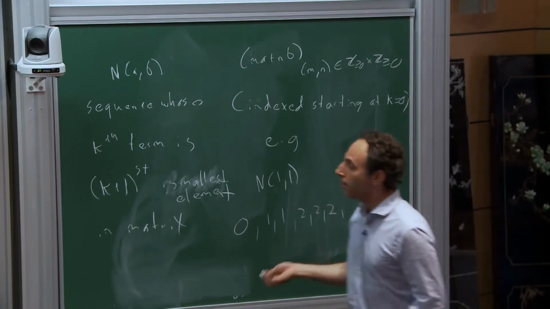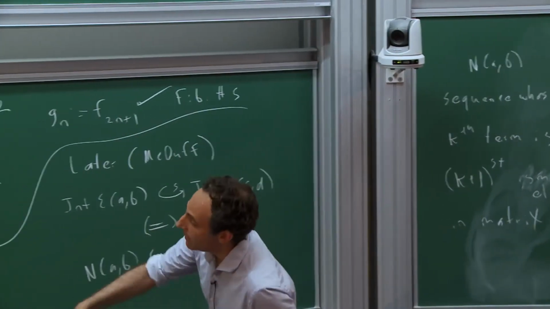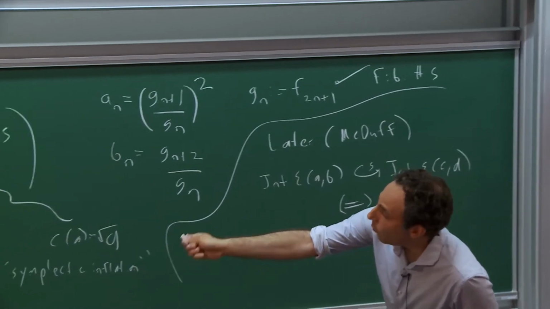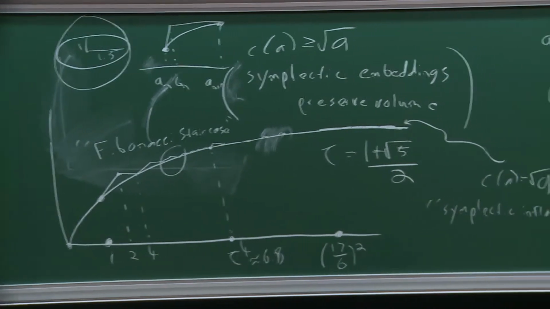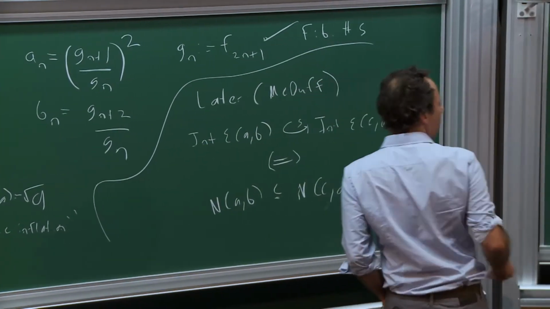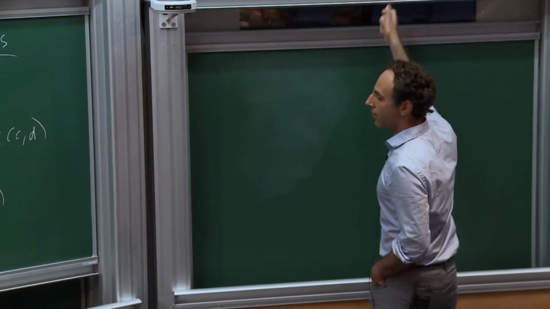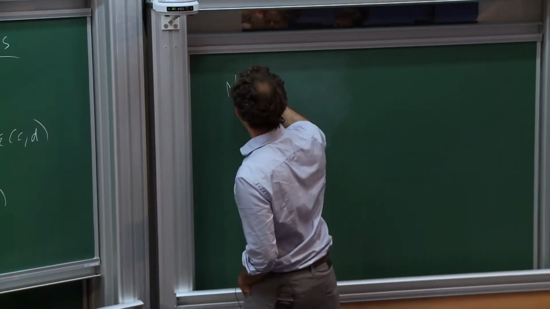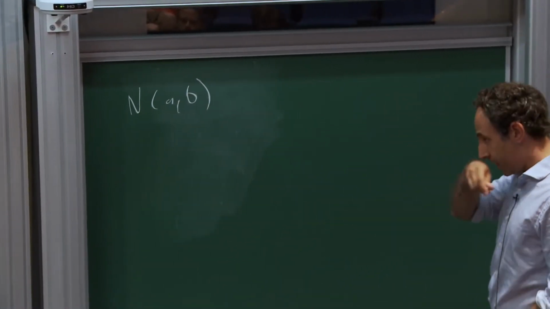And so you can associate these combinatorial sequences. Indeed, you can see why this result is true, at least the Fibonacci staircase part, by using this, although that wasn't how McDuff-Schlenk did that. What is relevant to our story is that this sequence N(a,b) looks somewhat beautiful, but somewhat random.